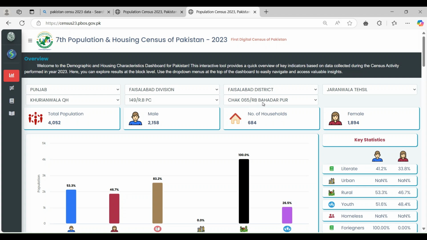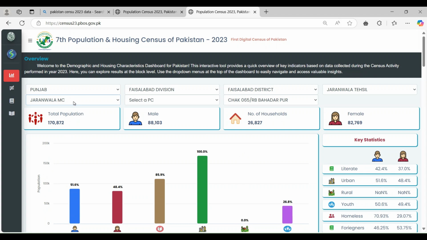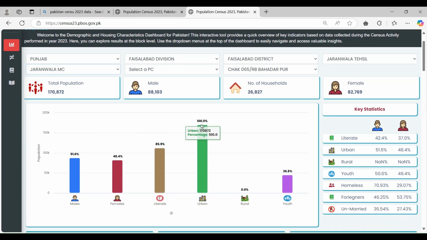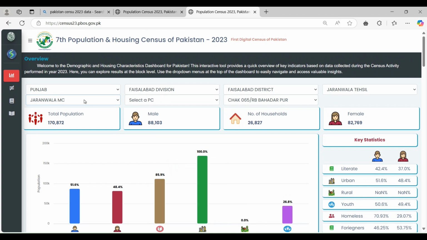So if we move from the Kanungo to the MC, which is a municipality, it is a purely urban area. If you see the statistics, it is 100% urban and 0% rural. It means this municipality will have charge numbers.